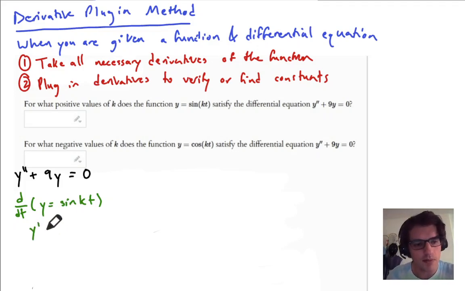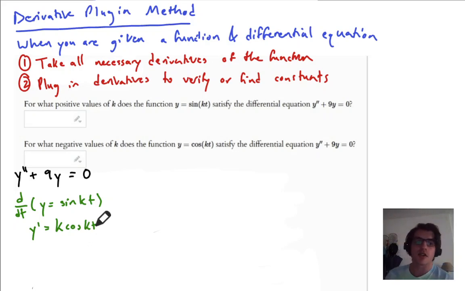So y prime, the derivative of sine is cosine. And remember the chain rule, the derivative of kt is k, so we need to multiply by k. Okay, and now we have a y prime that we could plug in, but we do not actually have a y prime in this differential equation.